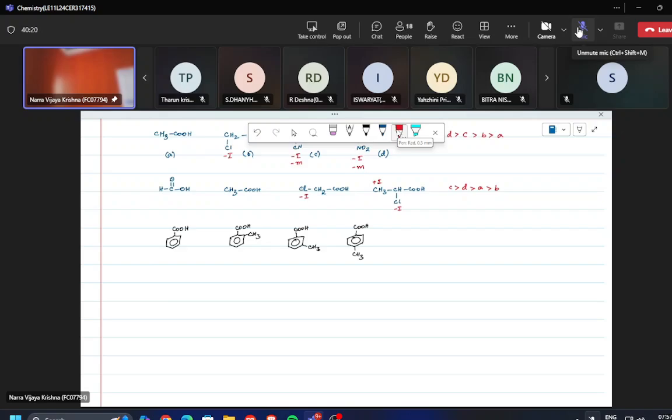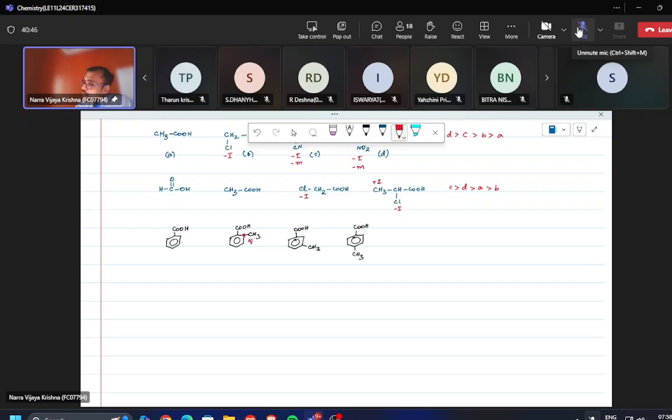What is hyperconjugation? Also called Baker-Nathan effect or no bond resonance. What does it mean? Alpha hydrogens to an sp2 hybridized carbon are involved in hyperconjugation. Is this carbon an sp2 hybridized carbon or not? The next carbon is called the alpha carbon.